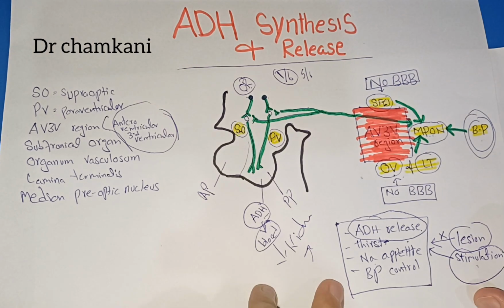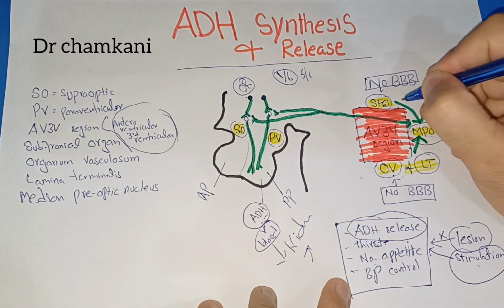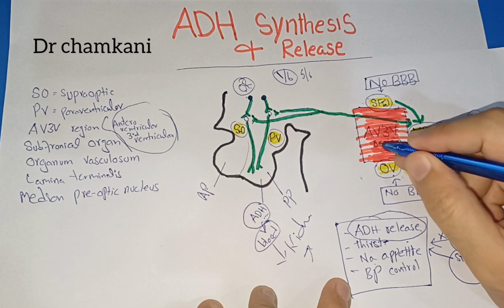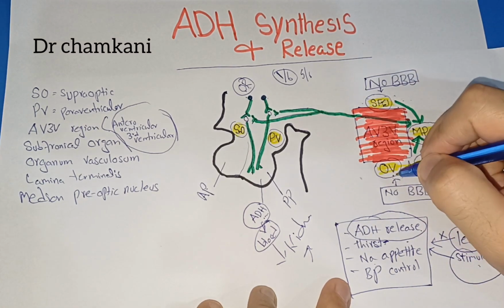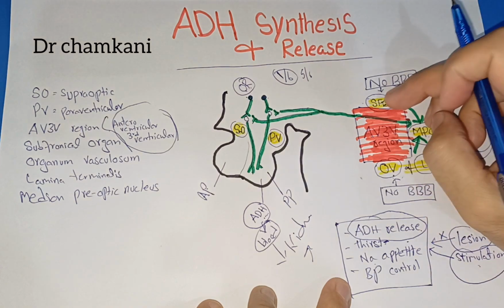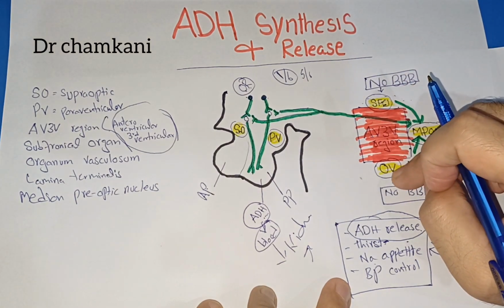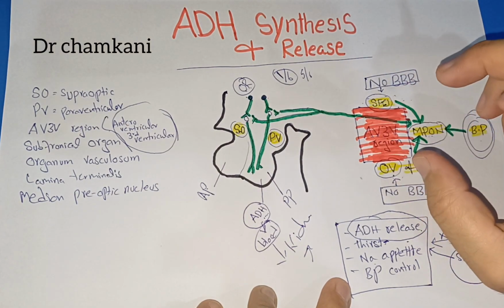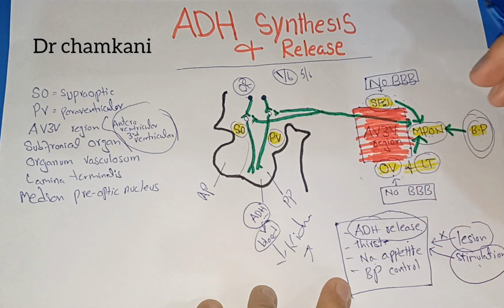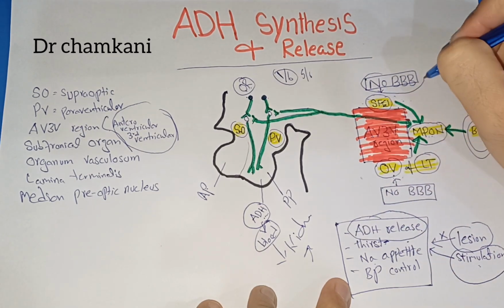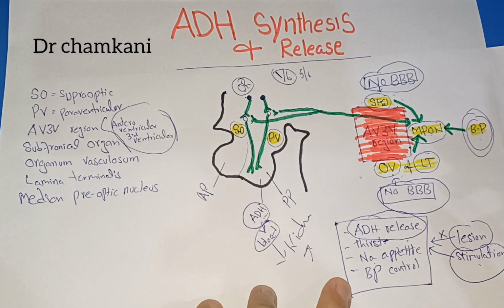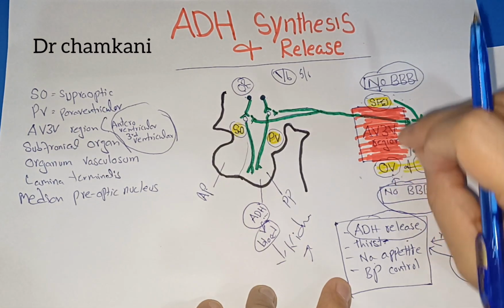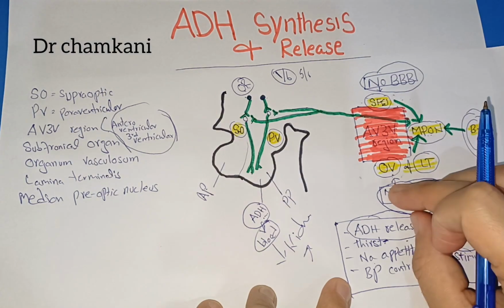Now, it is important to note that some osmoreceptors are present in this area as well, around the subfornical organ and the organum vasculosum. And these areas have no special blood-brain barrier. So the chemical changes are detected very easily by the subfornical organ and the organum vasculosum.